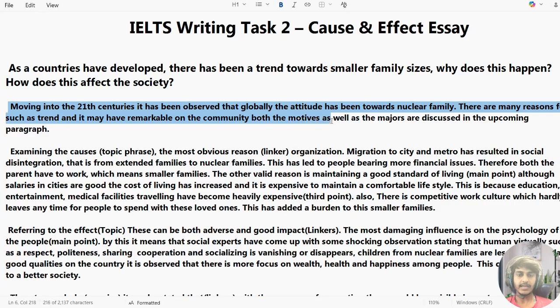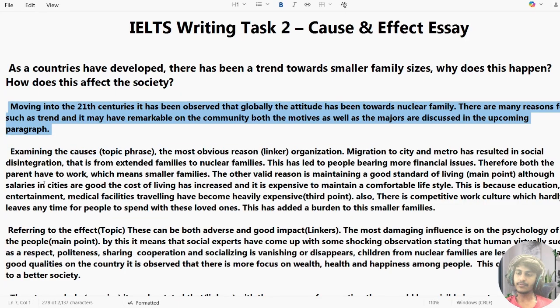Both the motives as well as the measures are discussed in the upcoming paragraphs. So, the second time I am reading: Moving into the 21st century, it has been observed that globally the attitude has been toward the nuclear family. There are many reasons for such a trend, and it may have a remarkable impact on the community. Both the motives as well as the measures are discussed in the upcoming paragraphs.